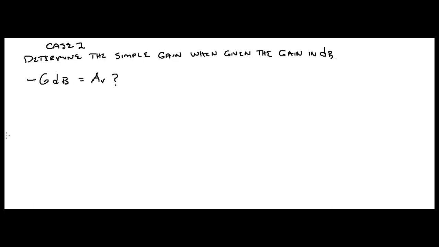All right, welcome back. So let's give it a go, shall we? First thing we do, let's write down the equation. All right, so we have AV in decibels is going to be equal to 20 log AV.